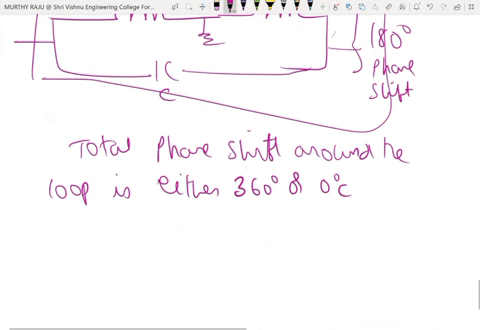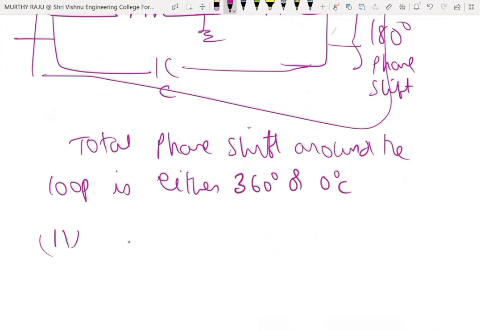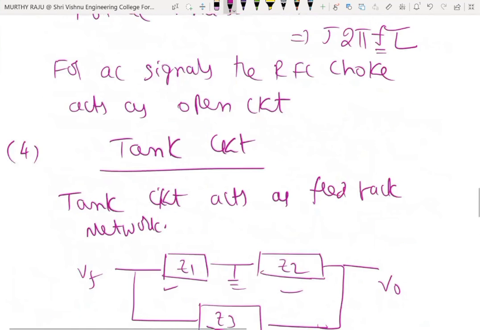The second Barkhausen criteria condition is mod A beta is equal to 1. That means loop gain is equal to 1. Then only oscillations are produced. This is the actual description of the entire circuit.